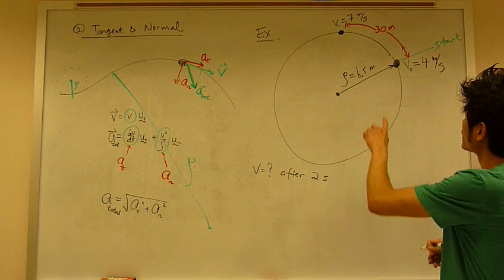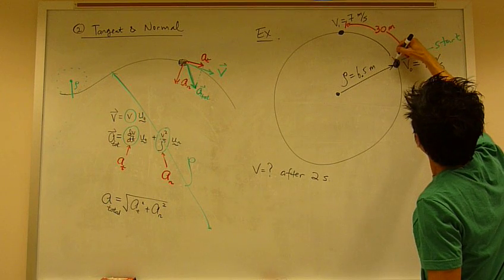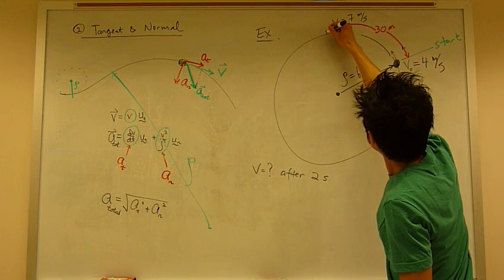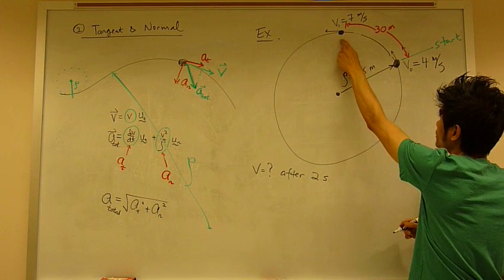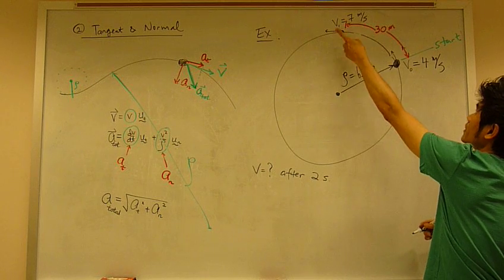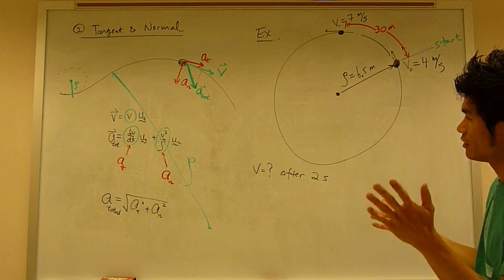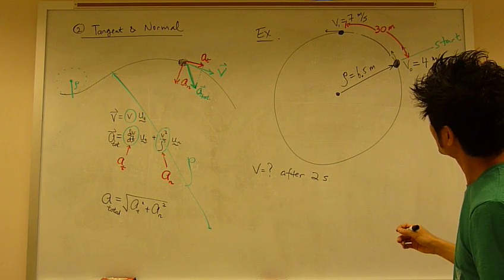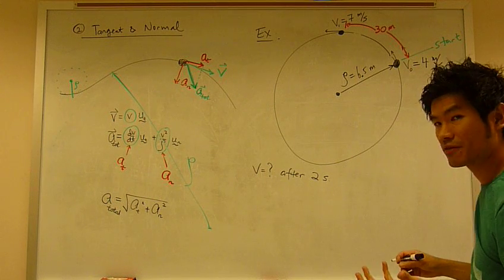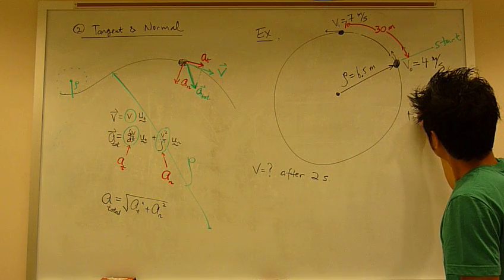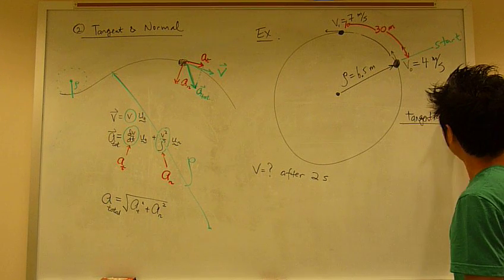So, knowing that the velocity of this particle is 4 meters per second and 7 meters per second at these 2 locations, and the distance is known, this tangential component of acceleration can be found.